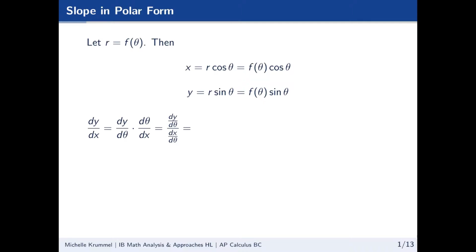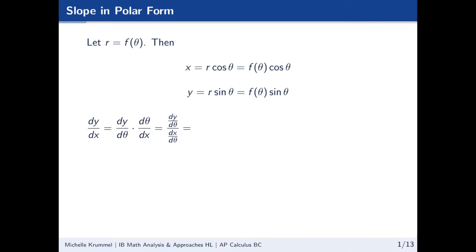So if we want to find dy dx, we can accomplish that by finding dy d theta divided by dx d theta. And we saw this same thing happen when we were working with parametric equations. Oftentimes in parametric equations, the parameter is called t, so we could say dy dx equals dy dt over dx dt. But even in parametric form, we saw that the parameter could be called theta, so we worked with equations like dy d theta over dx d theta.